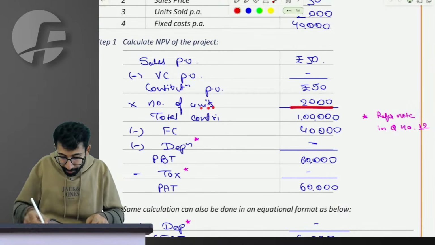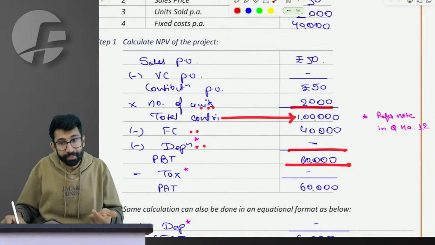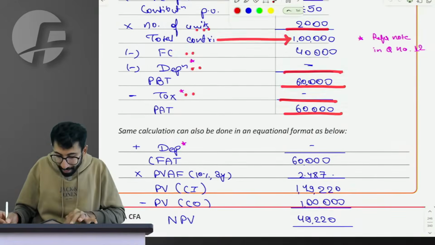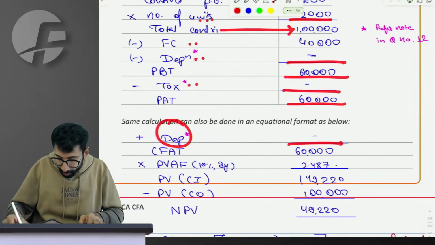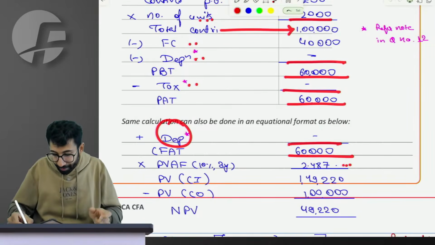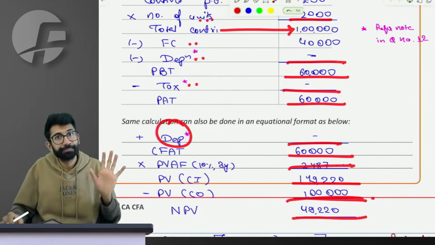Multiplied by number of units gives total contribution. Deducting fixed cost and depreciation gives profit before tax. Deducting the tax gives profit after tax. To the PAT, if you add back depreciation, you get CFAT, and when you multiply CFAT by the annuity factor, you get the present value of cash inflow. Deducting the outflow gives you NPV.